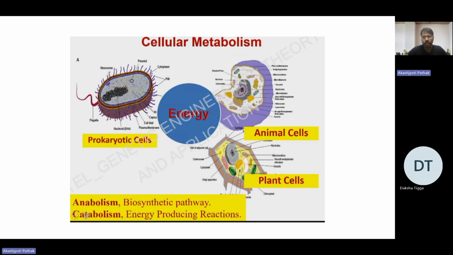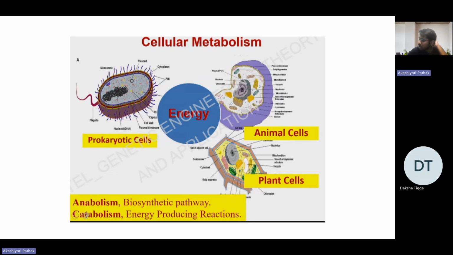So anabolism is a biosynthetic pathway that requires energy, while catabolism means something is getting broken down and the energy trapped within the bonds is released. That energy is stored in the cell in the form of ATP. So catabolism results in energy production.